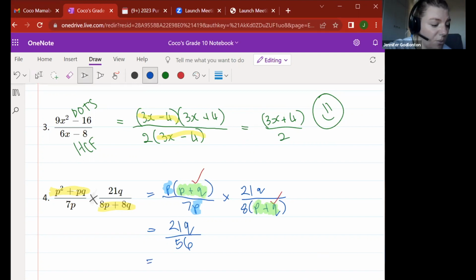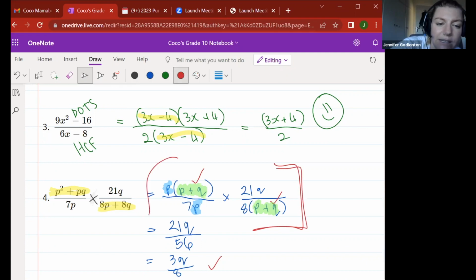You don't even need to use your brains at this point. So you can just say 3Q over 8 and you will get to the same point. So it just depends on how you want to work it out, but you only get 1 mark for this end part. If you're doing all of this work for the factorizing, that's where the bulk of your marks are.